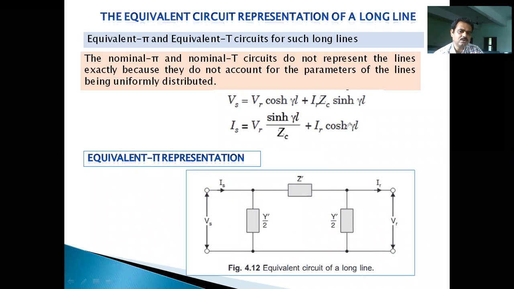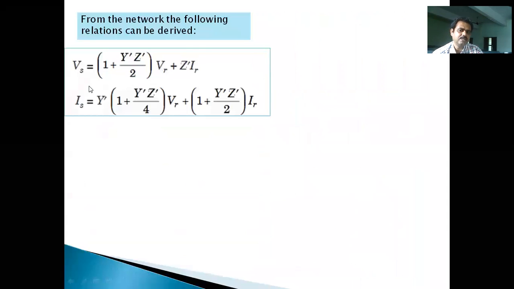The same thing I am using, just by putting Z dash instead of Z, and representing Y with Y dash. So now, the next step, I have directly written these equations. If you want, you can derive them or copy them from the medium transmission lines.